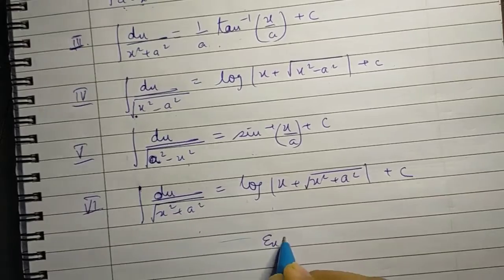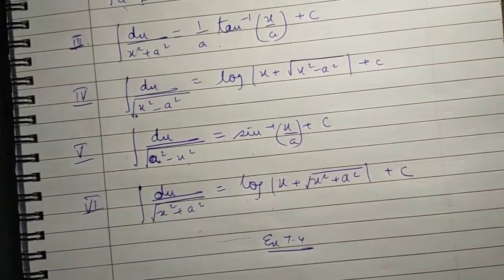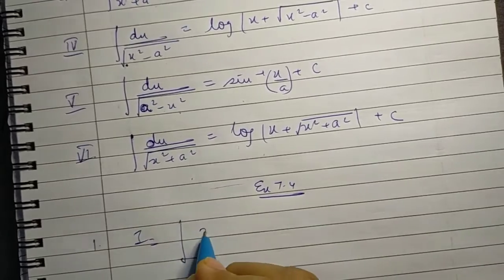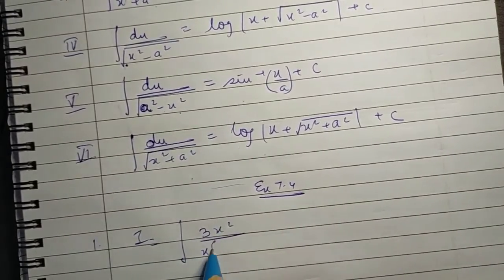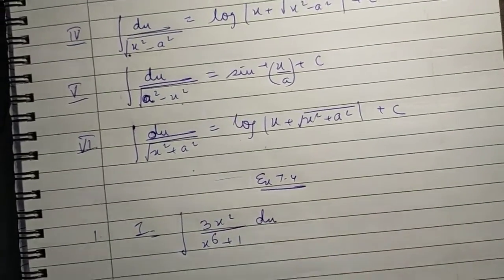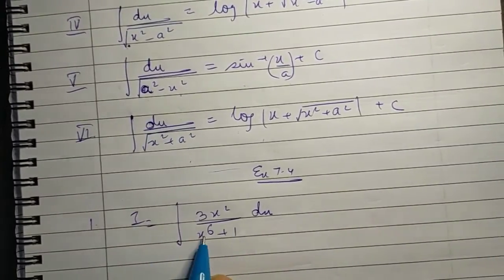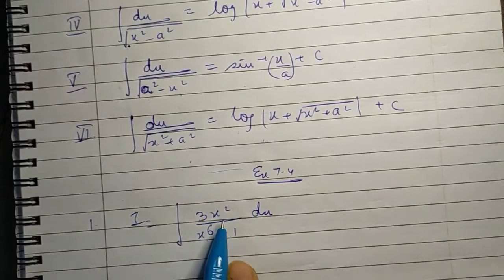Now in exercise 7.4, question number 1, we have to find the integral of 3x squared over x cubed plus 1 into dx. First of all, we observe that it's a case of substitution.